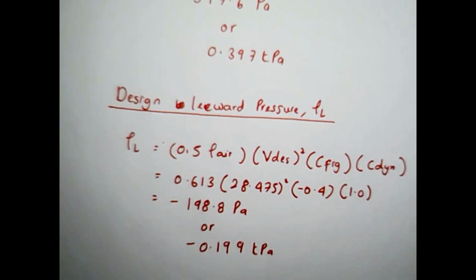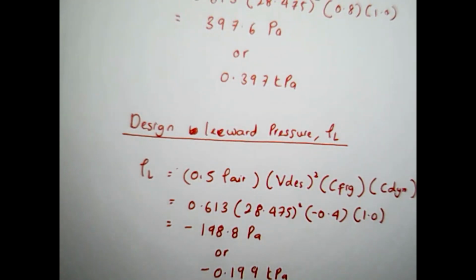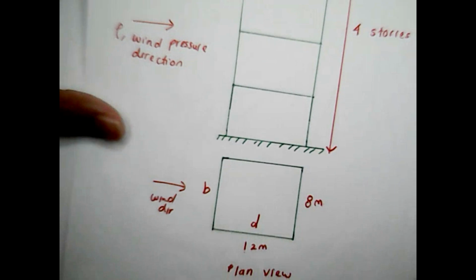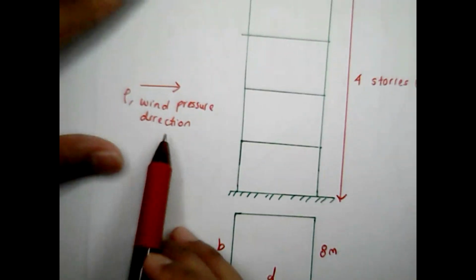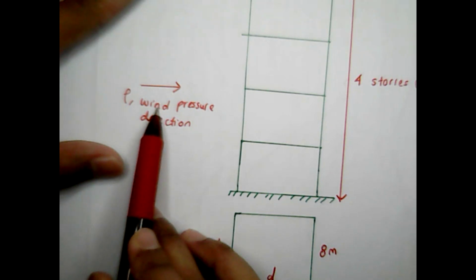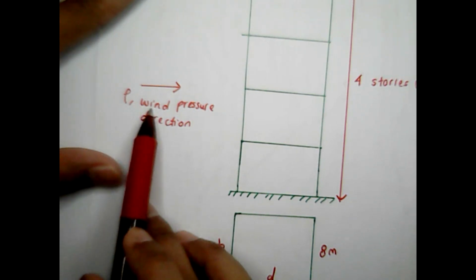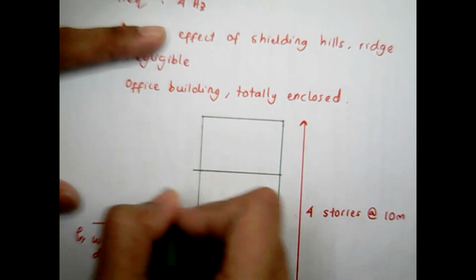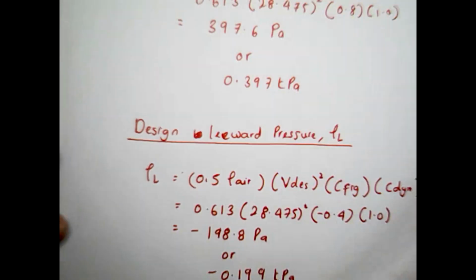Okay, so the main objective, if you still remember, we wanted to know what is the wind pressure acting here, and the wind pressure acting here is supposed to be the net wind pressure. Basically, if this is your building, this is the windward pressure.